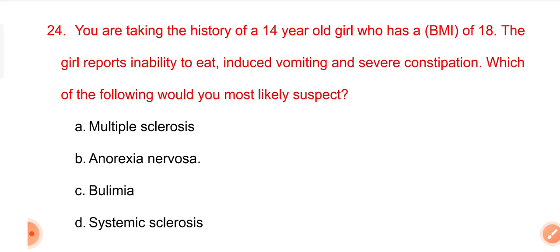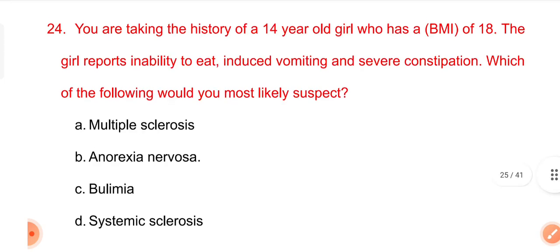The girl is 14 years of age and the BMI is 18, which means very low. Also, the girl has inability to eat and induced vomiting. Induced vomiting means voluntarily vomiting to expel the gastric content, and severe constipation. So, what may be the reason behind this problem?